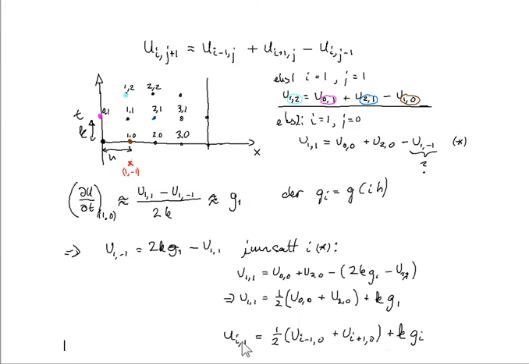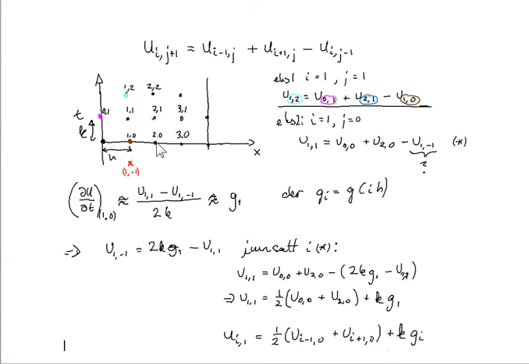This means that u_i1, if we, for example, consider this point, is computed by knowing the value in this point and in this point.